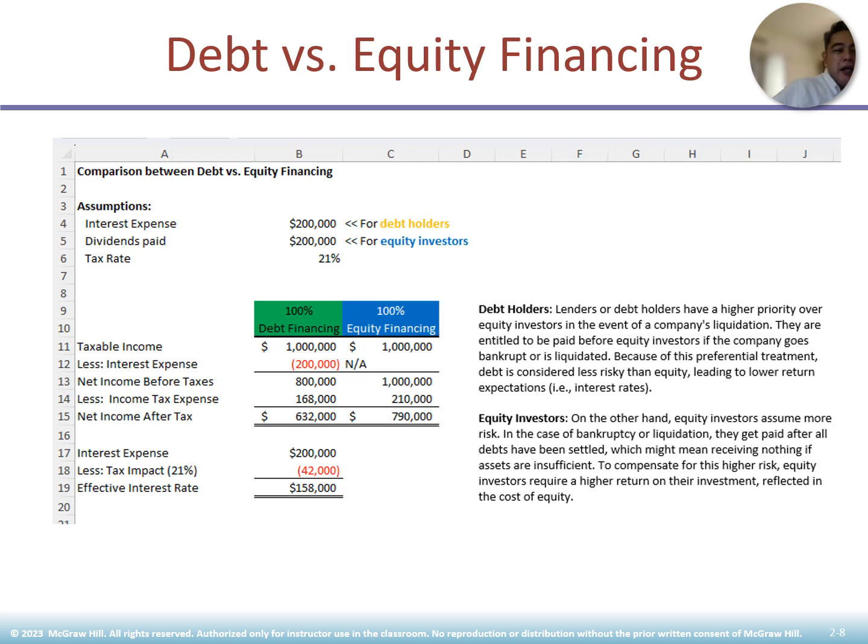Now, I inserted on the PowerPoint slide from the book something that I also use to talk about debt and equity financing. So on column B, if you can see, column B shows you the debt financing, and column C is equity financing. So both are 100%.